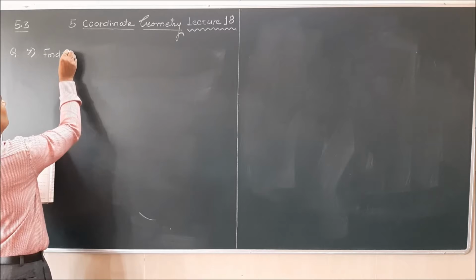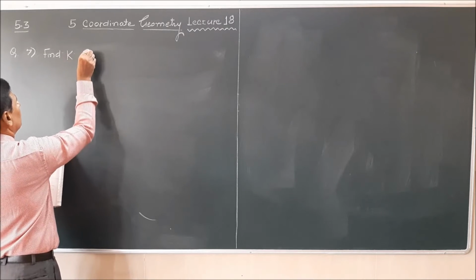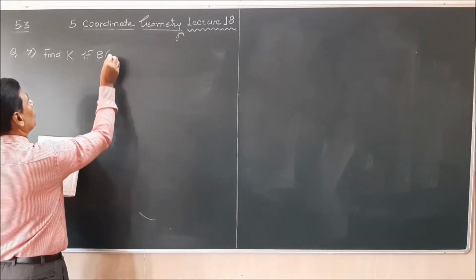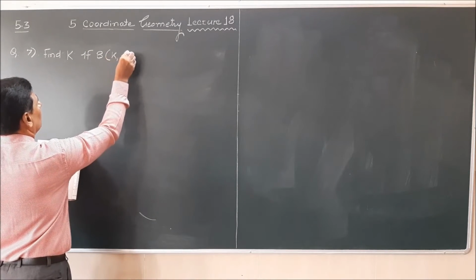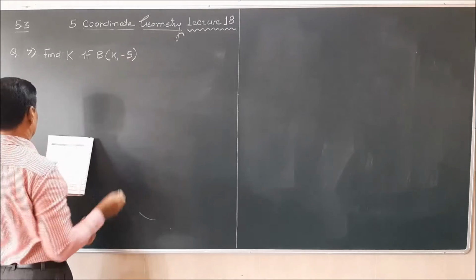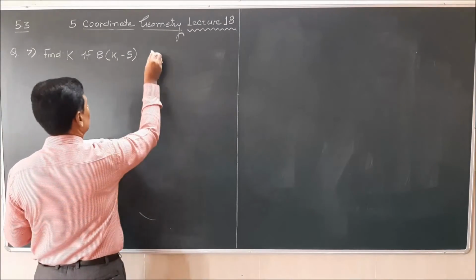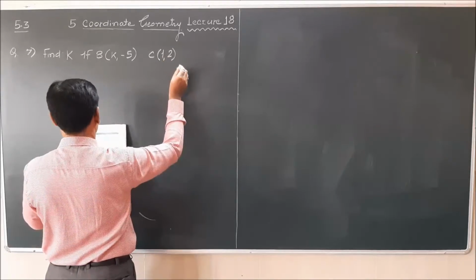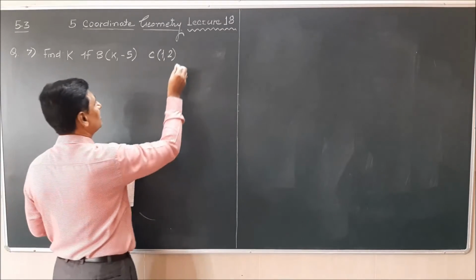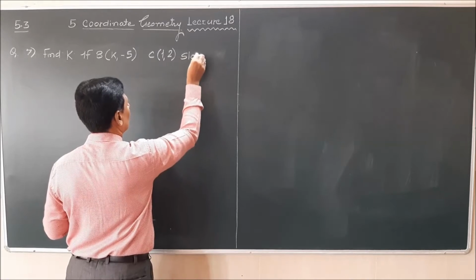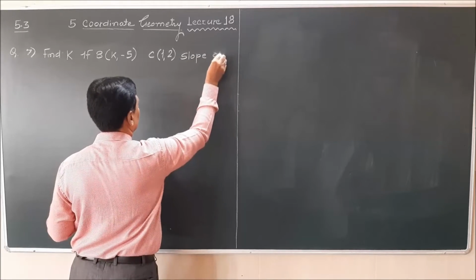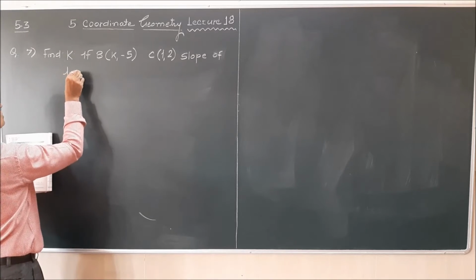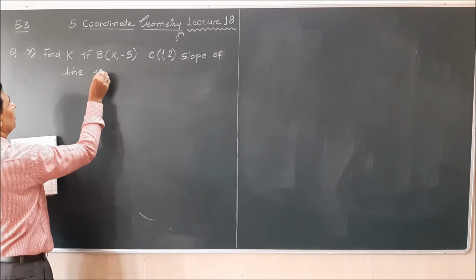Find k if B is having the coordinates k comma minus 5, C has coordinates 1 comma 2, and slope of line is 7.